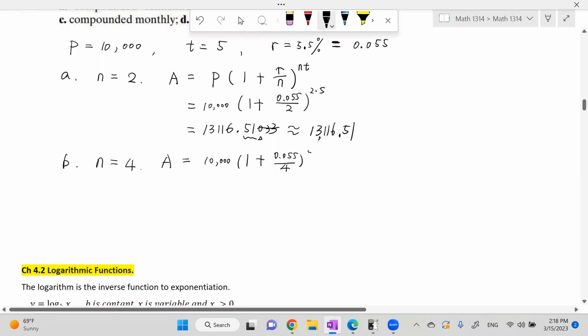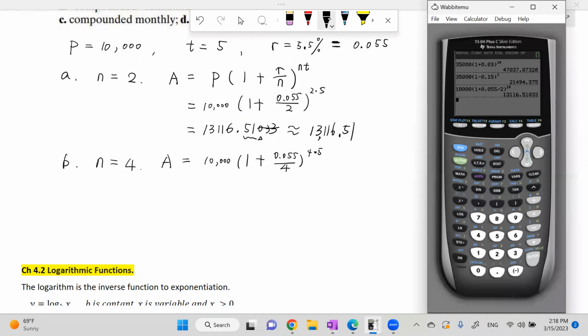n times t is 4 times 5. Let's plug in the formula. That's 10,000 multiplied by 1 plus 0.55 divided by 4, and then raise it to the 4 times 5. You can put 20, or you can also put 4 times 5.